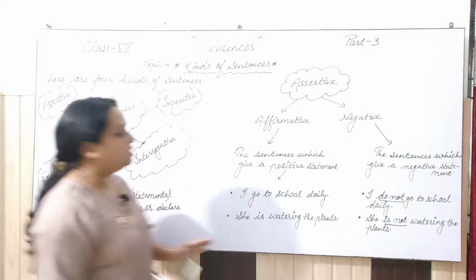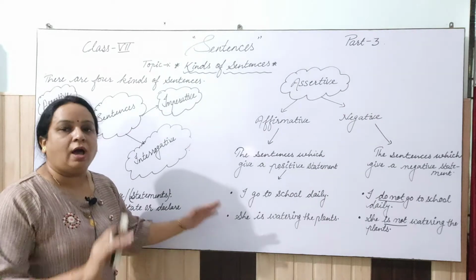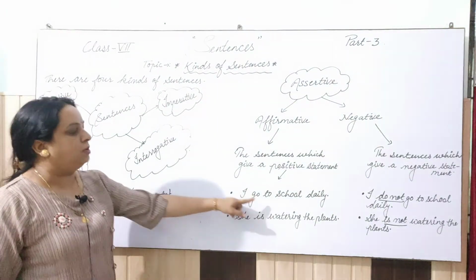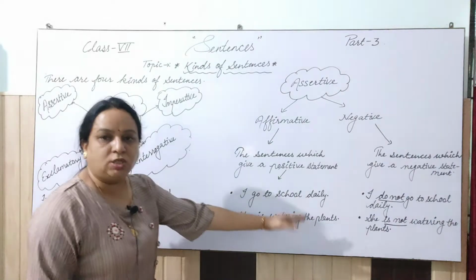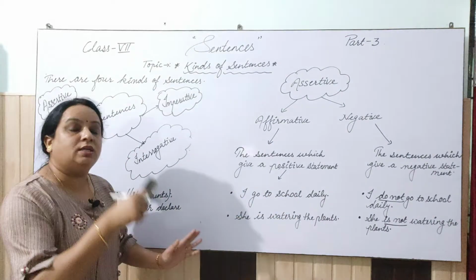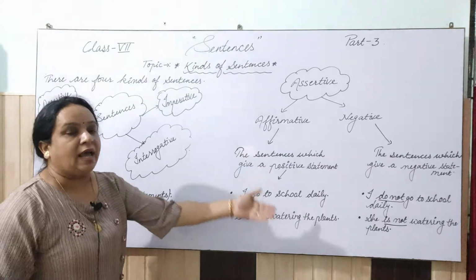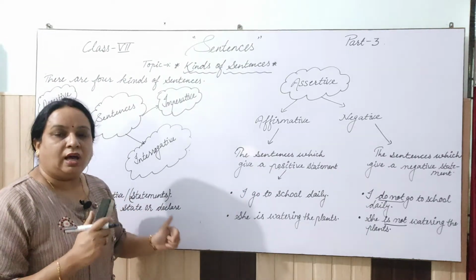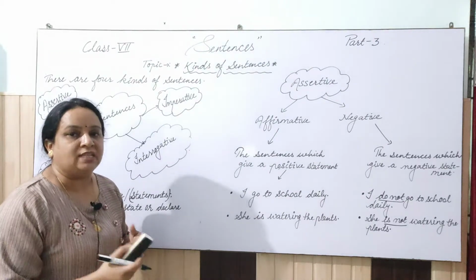What is the structure of the positive, affirmative sentences? Subject plus verb plus it may be an object or a complement, or it is not necessary. Suppose I go. I go is a positive sentence. If I say I do not go, that is a negative sentence.